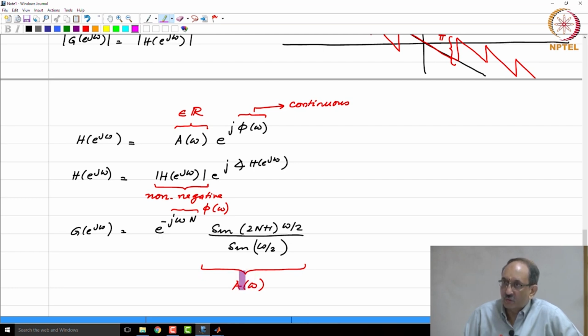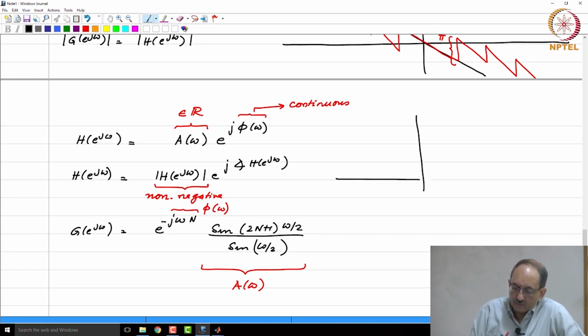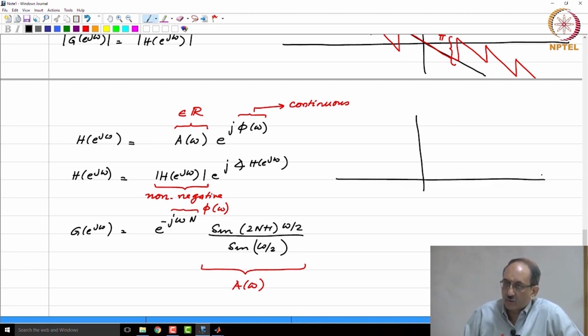The main difference of course is now this can take on both positive as well as negative values, and hence in this representation, if you now plot the frequency response as a product of amplitude response times e to the j phase response, where phase response is now continuous.